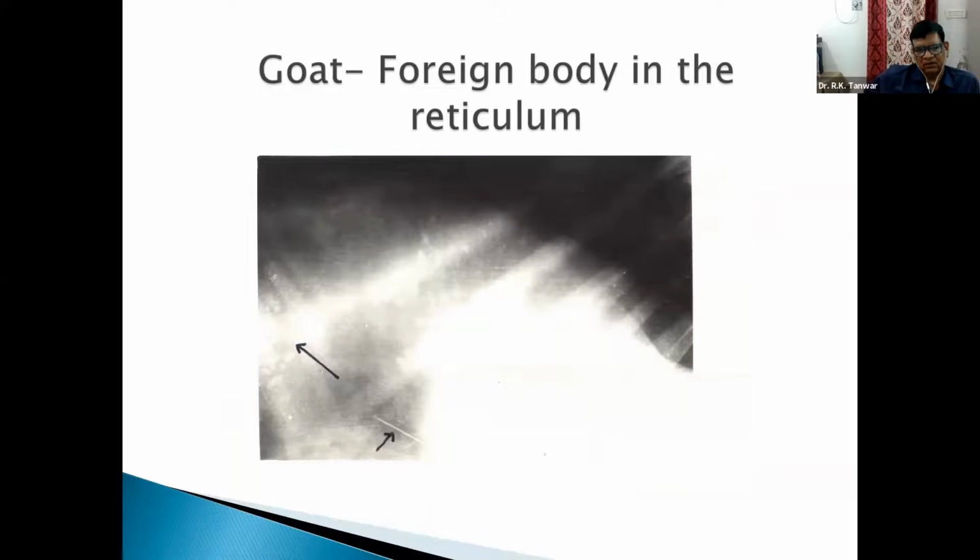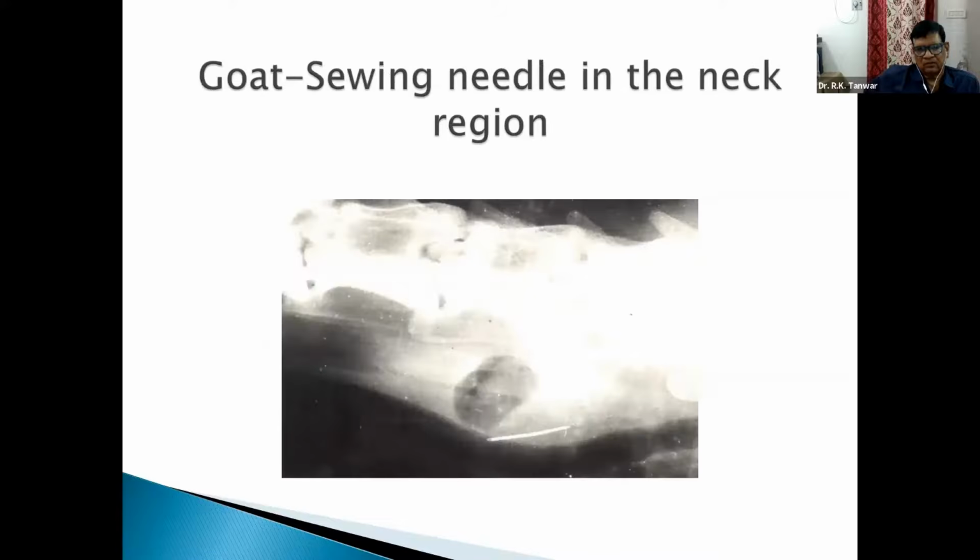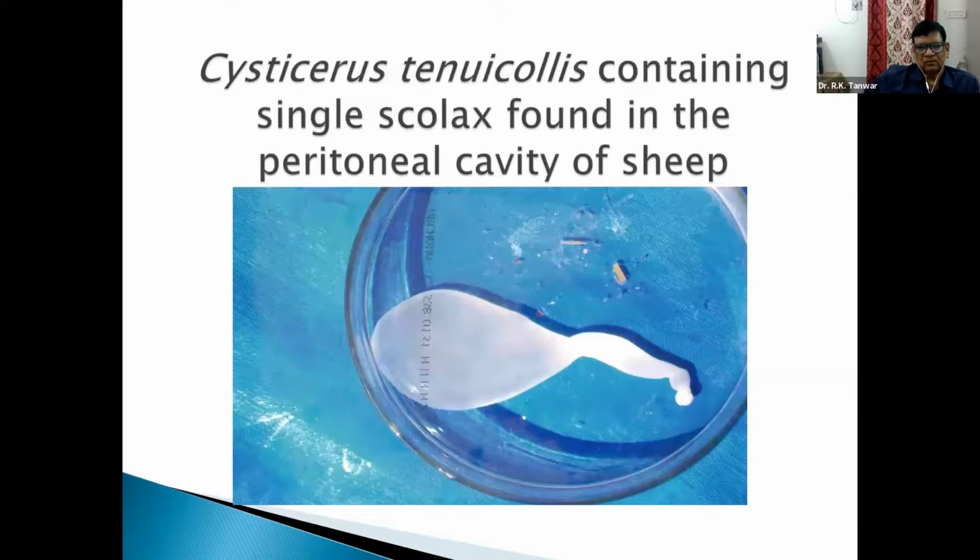Then this is also a picture showing a sewing needle in the rumen as well as a body of opaque material in the reticulum. This is also one having a swelling at the neck region. When we take the X-ray, the sewing needle is present.